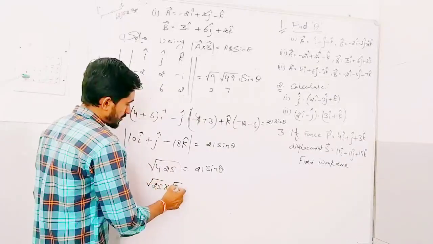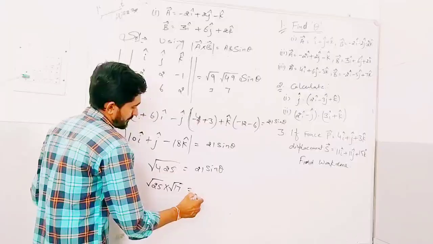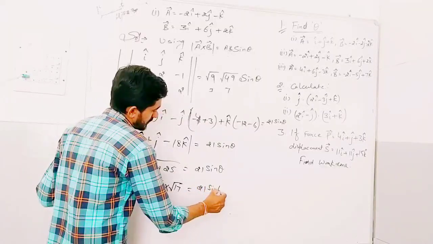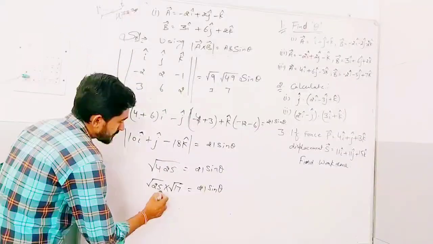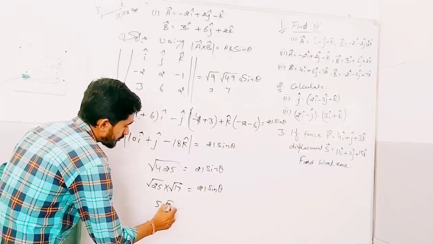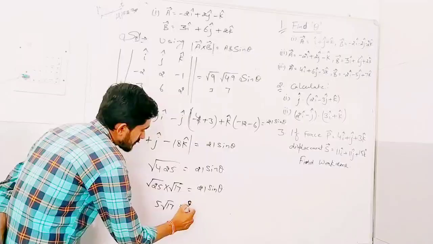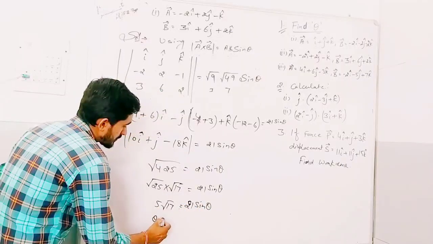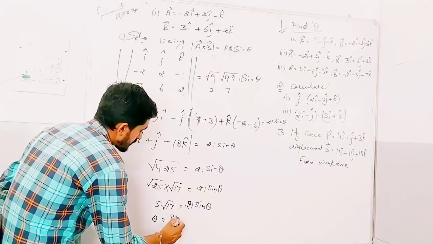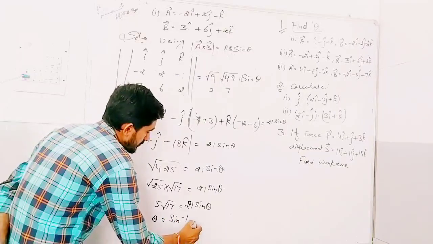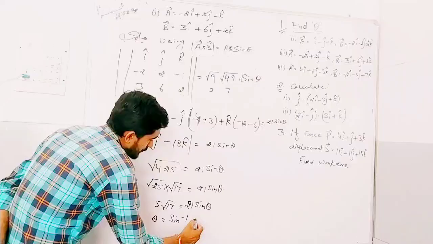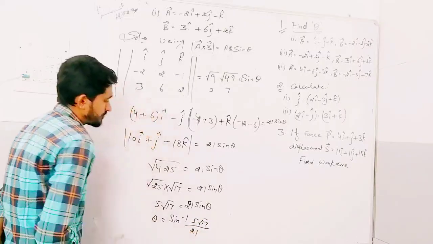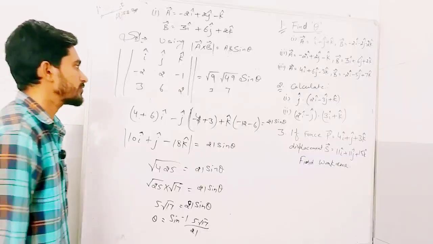Under root 25 into under root 17, and here we have 21. There is something missing. 5 under root 17, this is 21 sin theta, and theta will give sine inverse of 5 under root 17 upon 21.